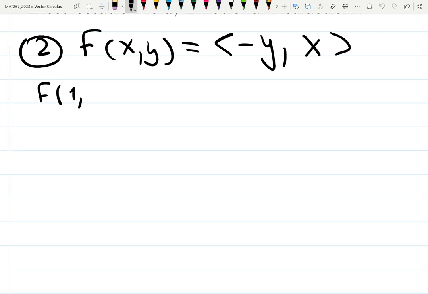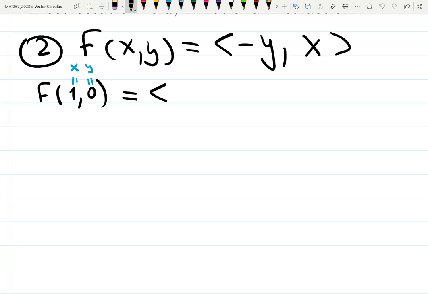F at 1, 0, for example. At 0, 0, it's not interesting. But at 1, 0, you have to take a pencil or note, maybe if you're good at this, and write down this is my x and this is my y, and I'm fixing a point, 1, 0, on the graph. Then it gives me a vector.